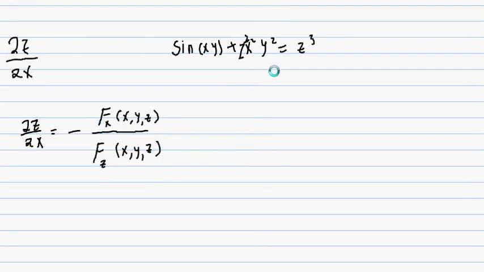Okay, so let me actually do that. So what I do is I make a 0 on the right by subtracting z cubed from both sides.